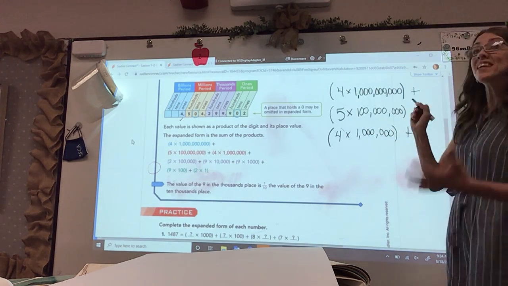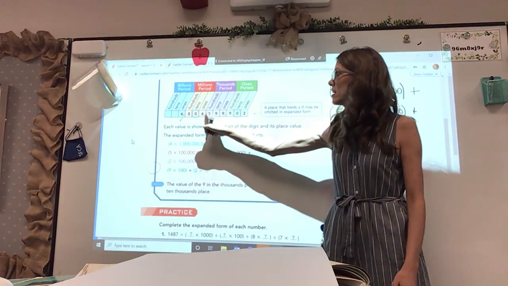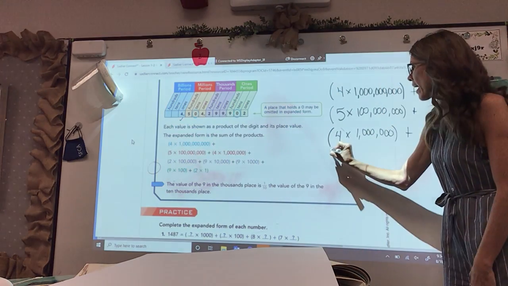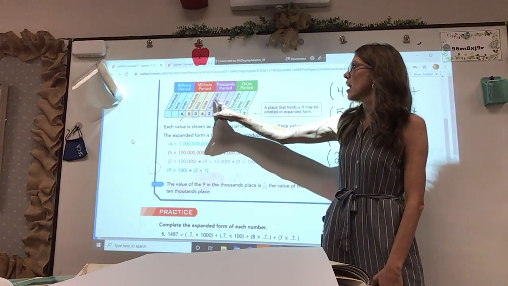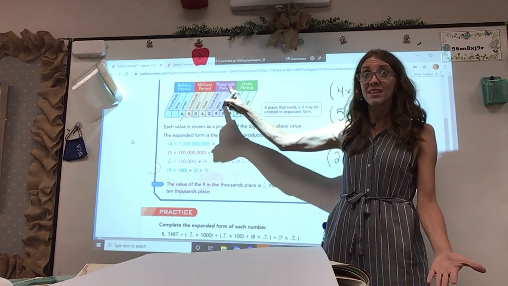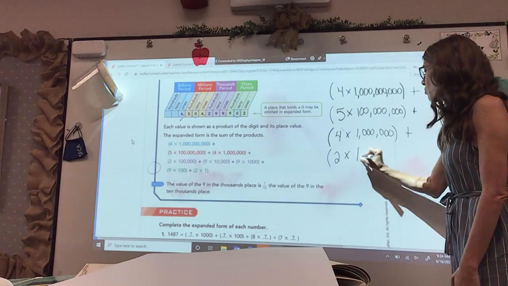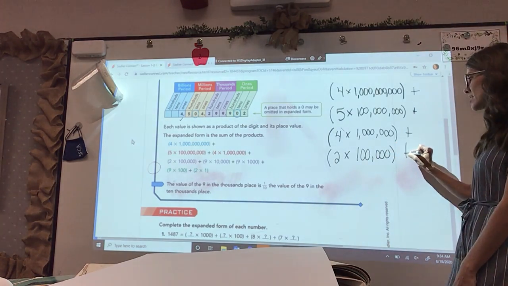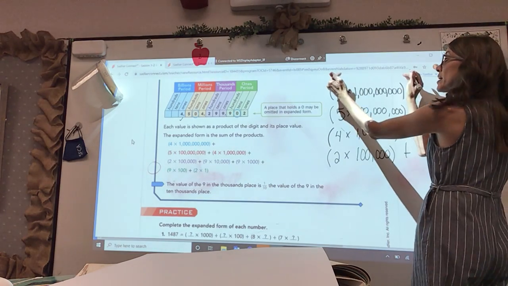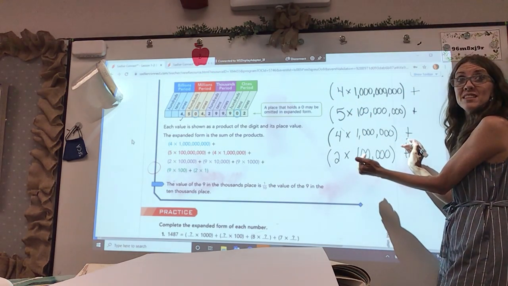We're going to add the next digit. What's the next digit? 2. So we're going to add 2 times 100,000. Are you getting the pattern here? 100,000 plus the next digit. Do you see how each digit I'm keeping it in a parentheses?